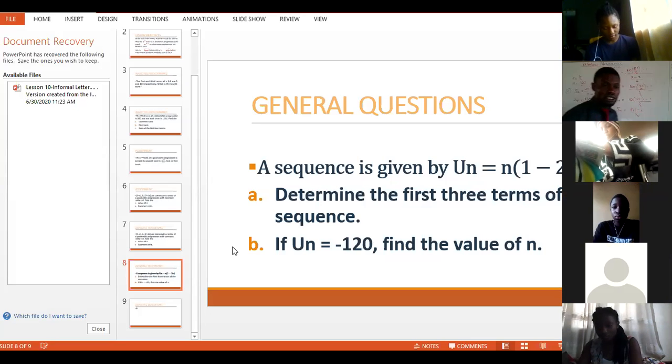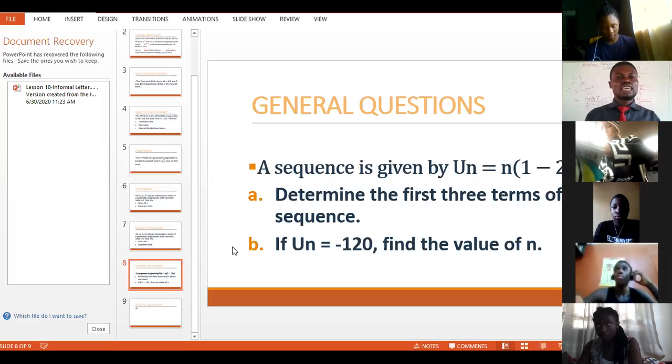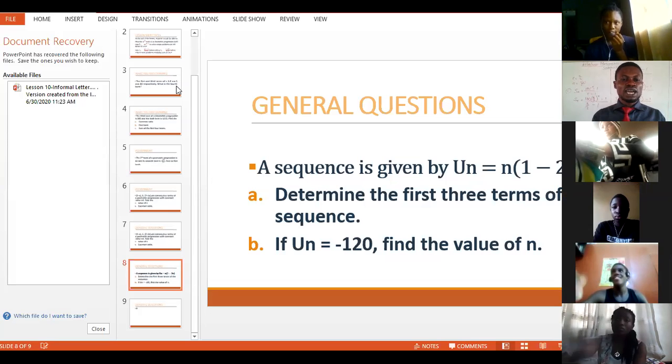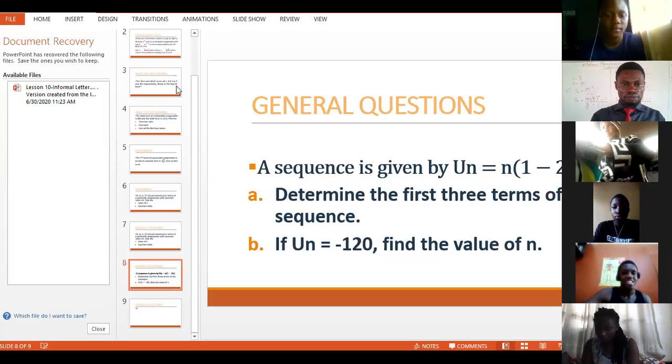Please, I've said you have 7 minutes, but if you are done before that time, kindly raise up your hands. There's an icon there that you can just tap to let me know you are done with your work.